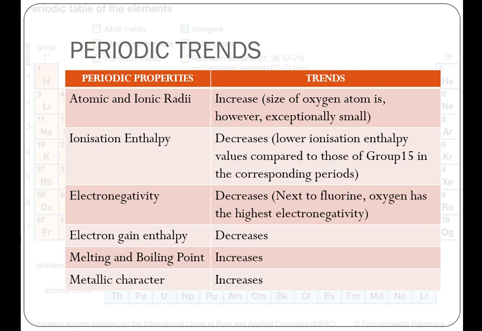However, from sulfur onwards, the value goes on becoming less and less negative. Melting and boiling point increases down the group because of the increase in size. Metallic character also goes on increasing because of decrease in ionization enthalpy.